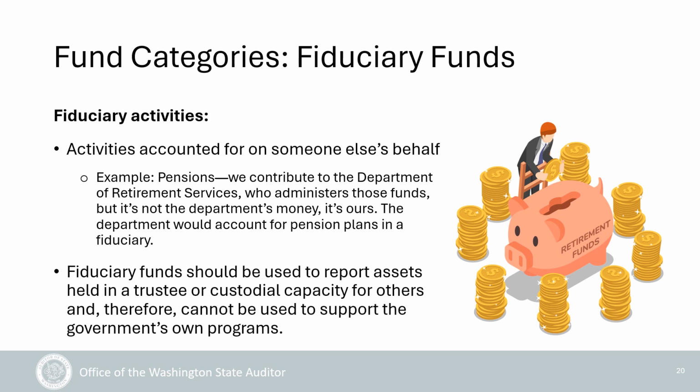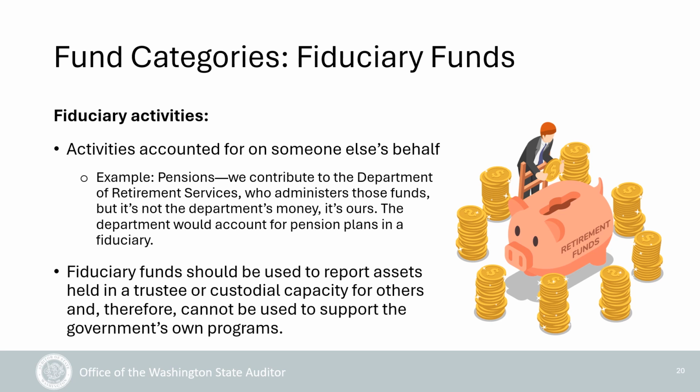We use fiduciary funds. Holding money for others without being able to use the money for your government's purpose is the basic definition of fiduciary activities. We will go into more detail on the criteria for activities to be reported in the fiduciary funds later.